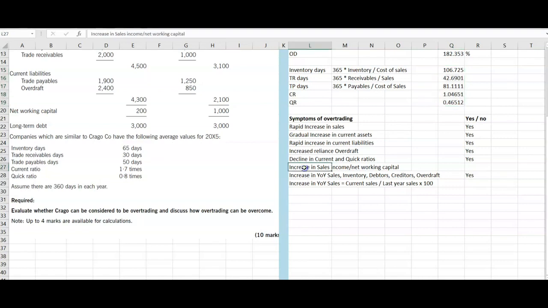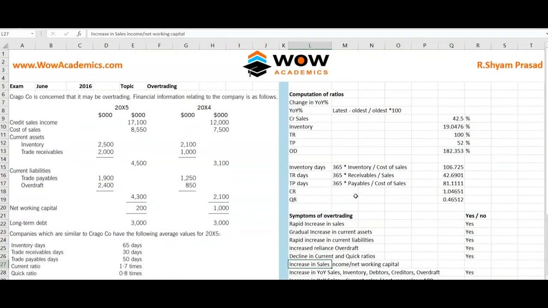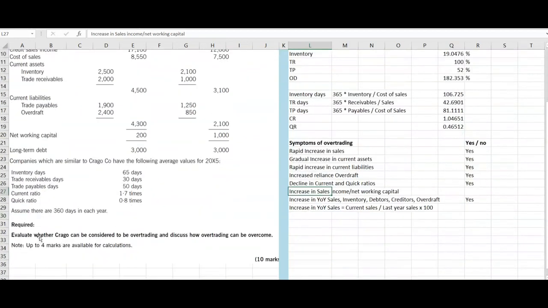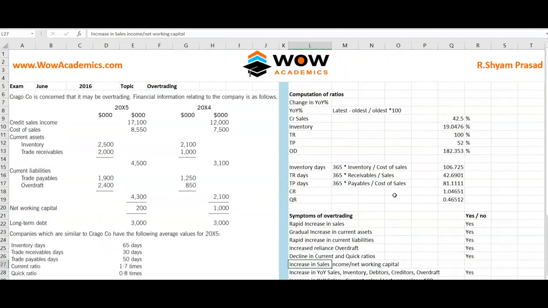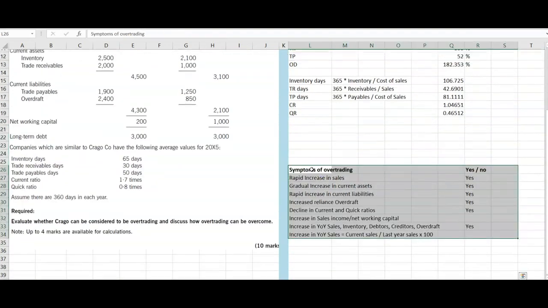We also didn't do sales divided by net working capital. The mark availability is quite low here, so we don't need to calculate those ratios. But still, if you want, we can calculate it.